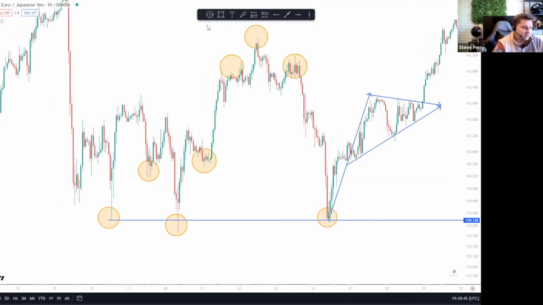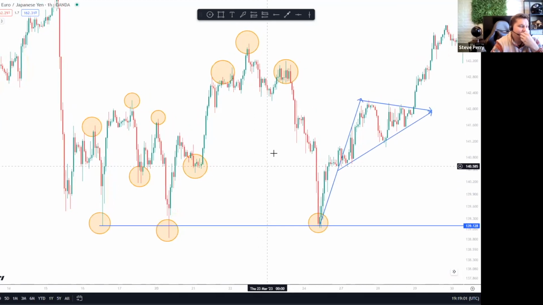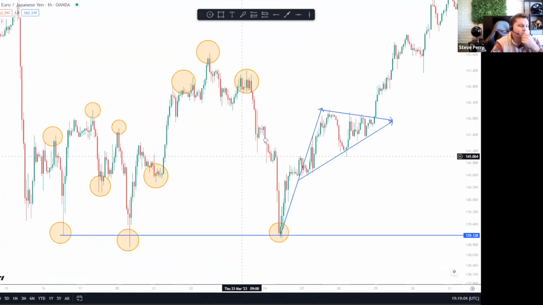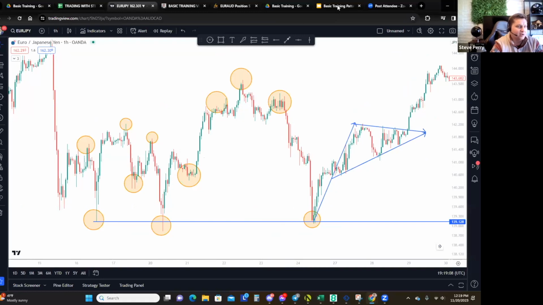Other patterns, guys. Let's see. There was actually a little head and shoulders right in here too. Not as good, but yeah, that's the head and shoulders. What other patterns do we have here? There's a lot just looking at this one chart. Oh my gosh. Anyway, let's move on. What else have we not talked about yet?